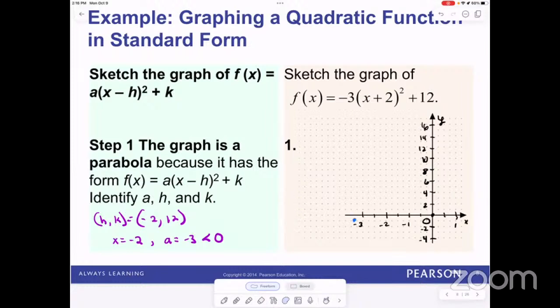So negative 2, 12, it puts us right about there. A little bit off, but yeah, negative 2, 12. Okay, so that's our vertex.